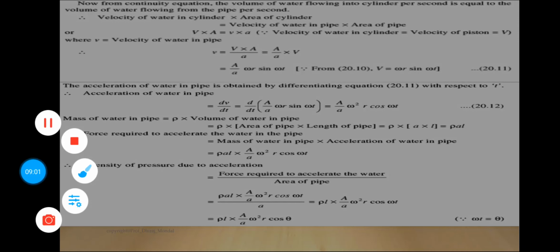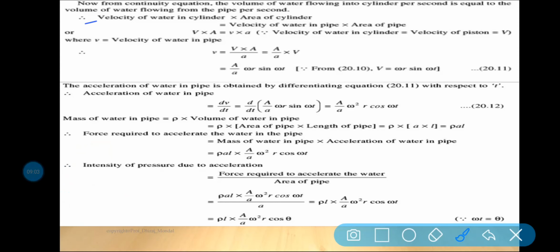You can see the velocity of the water in the cylinder into area. That means area into velocity is equal to small area into velocity.